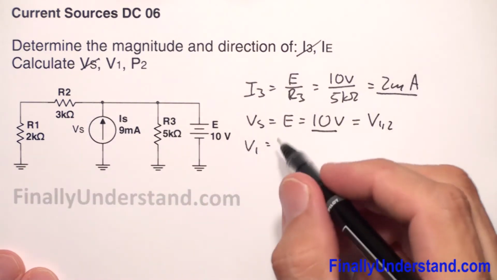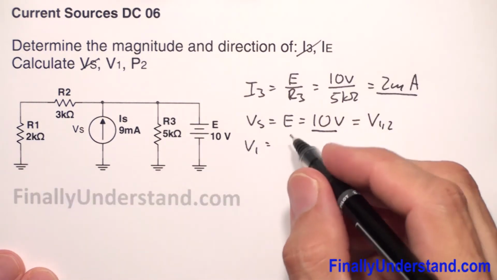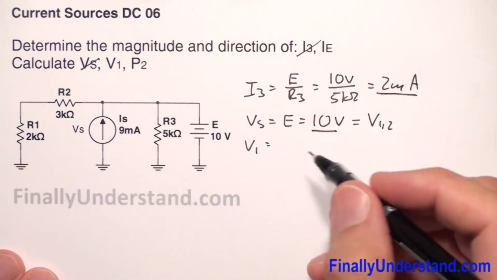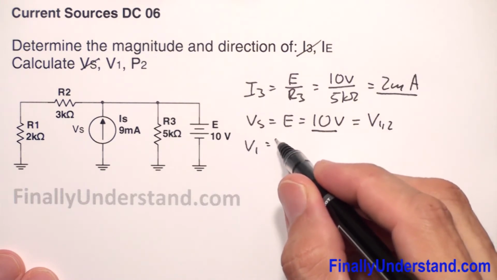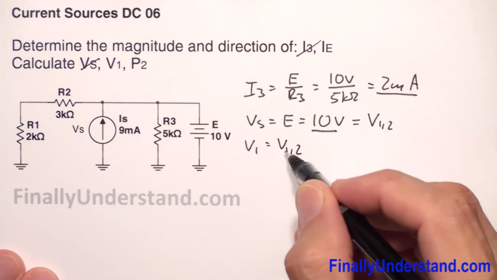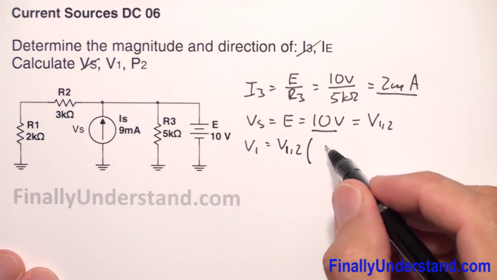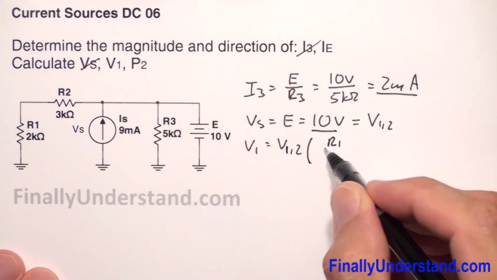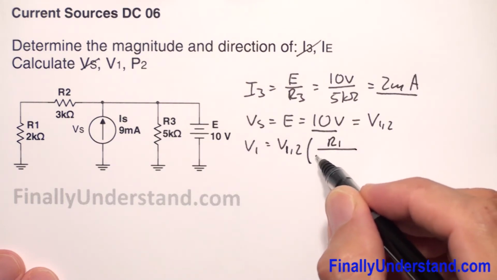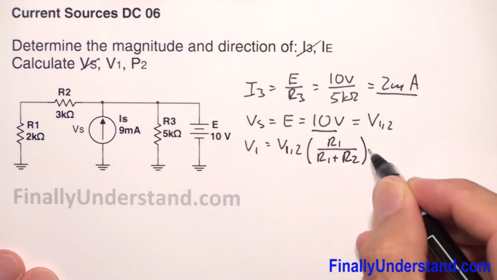So if you want to find V1, voltage across this resistor, you're supposed to simply use a voltage divider formula. We use this is going to be V12 times R1 over R1 plus R2.